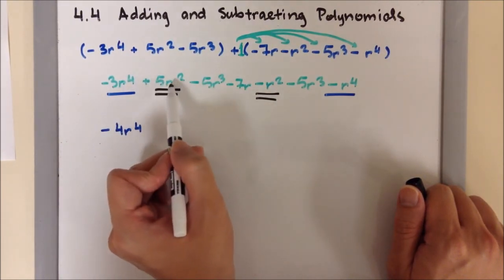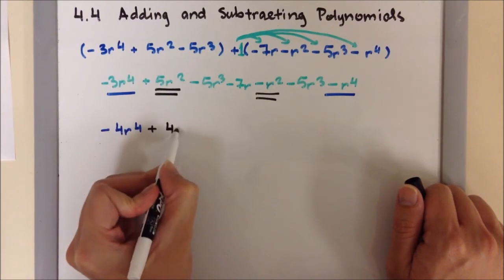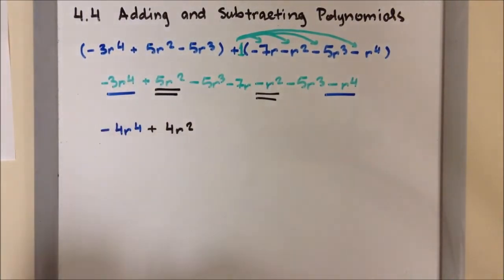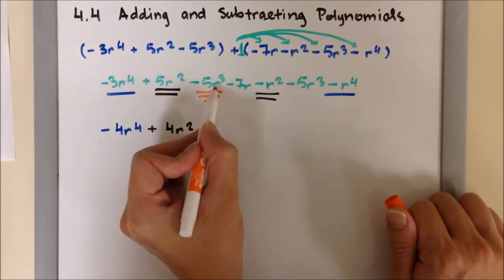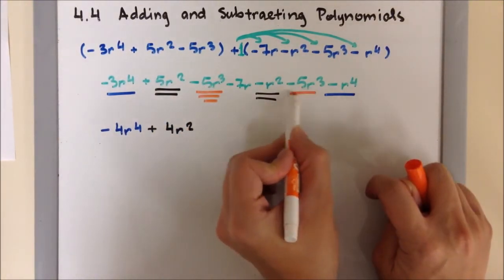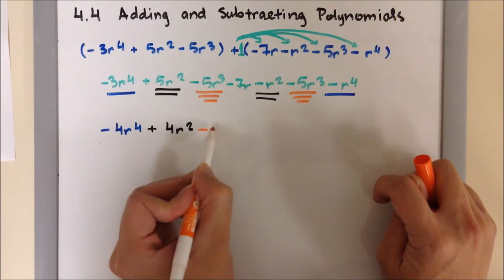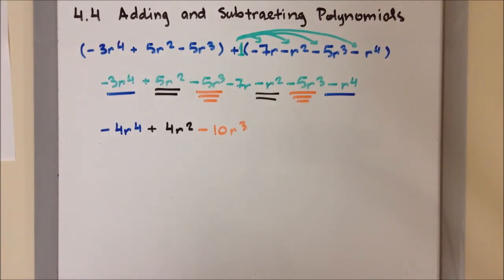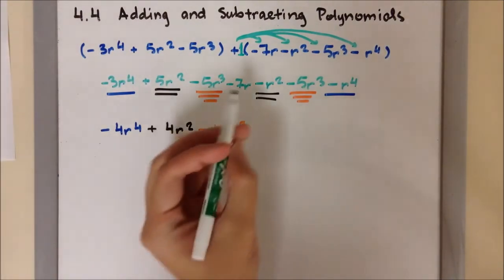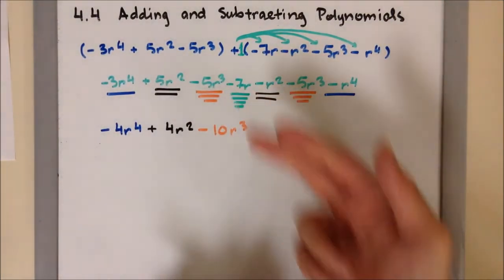So positive 5r squared minus 1r squared will be plus 4r squared. And then we're going to look at the next one, which is negative 5r to the third. We have another one right here. So negative 5r to the third minus 5r to the third is going to become negative 10r to the third. And then last is the r. There's no more terms to combine, so I'm just going to bring it down.